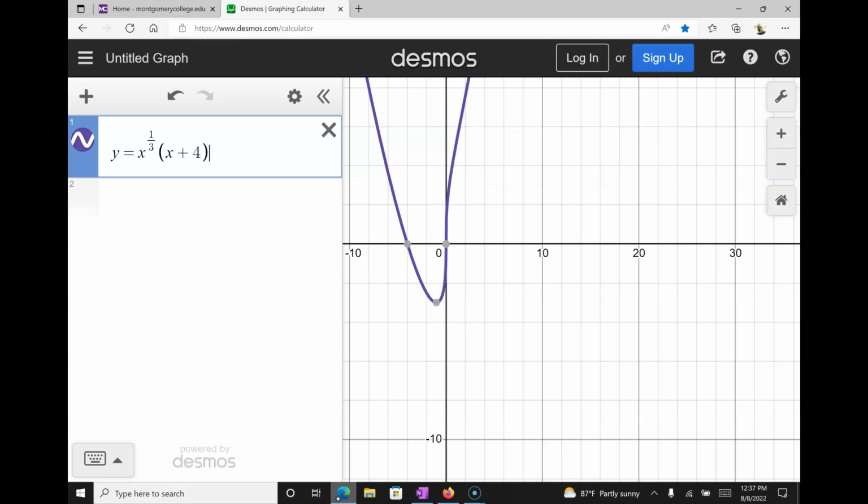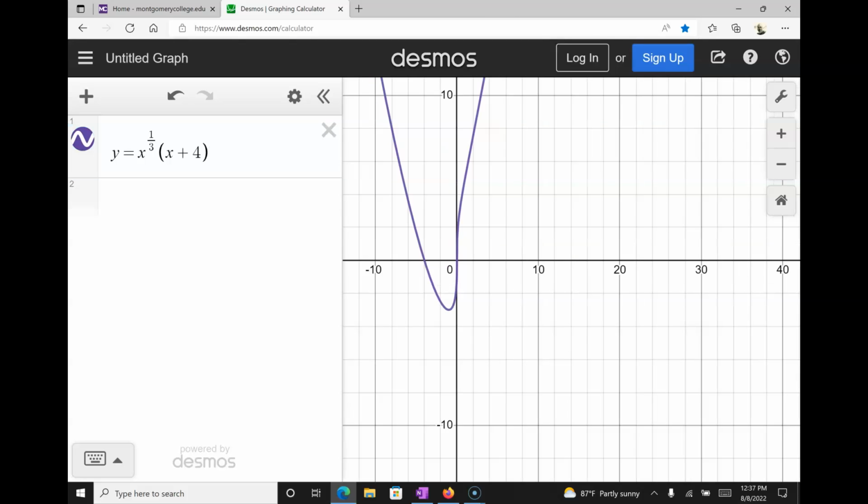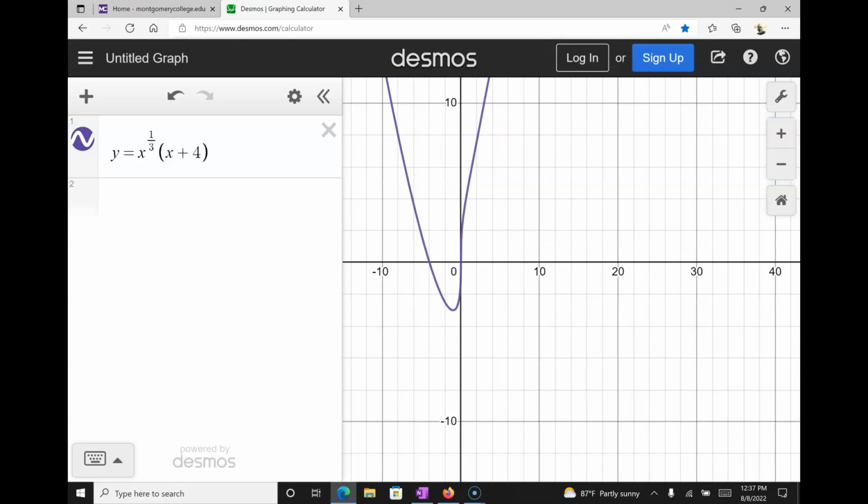So at 0, there's actually a hole in this graph, right? Not in this graph, I'm sorry. The derivative is undefined at 0, right? It's not going to change much about my test.